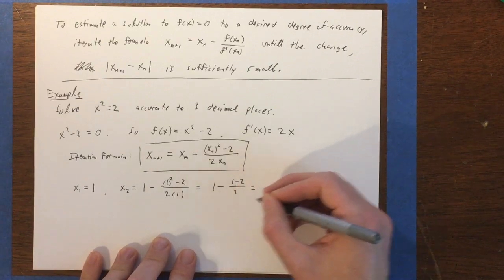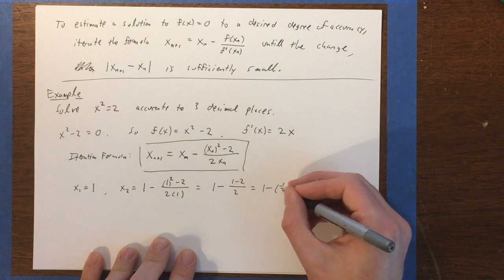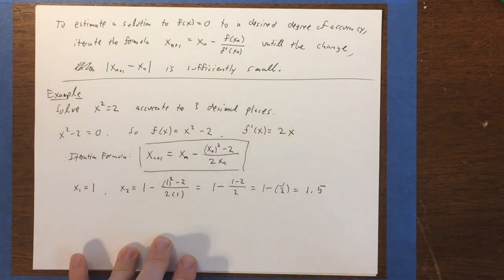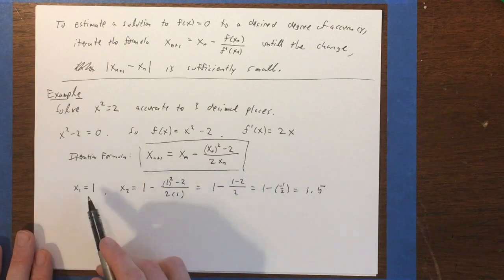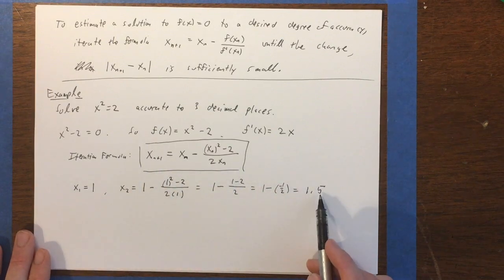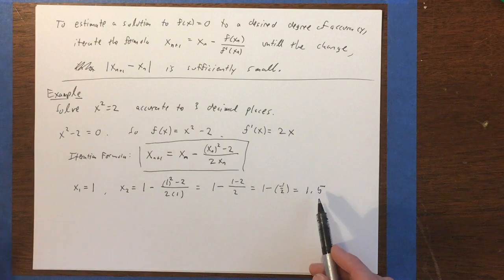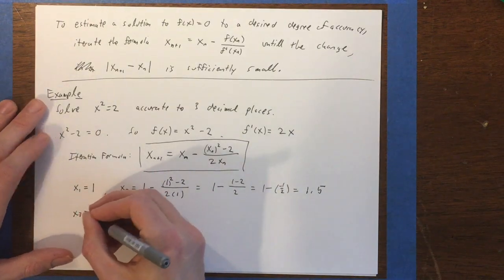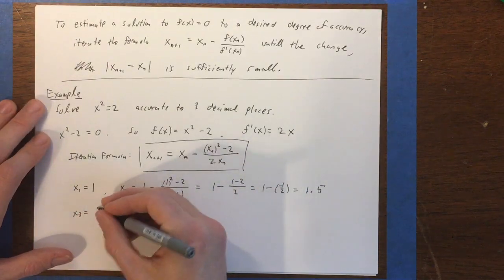So that's negative 1 over 2. 1 minus negative 1/2 should be 1.5, or 1 plus a half, 1.5. So my first guess is 1. My second guess, which should be more accurate, is 1.5. And yes, true, 1.5 is a little bit closer to the solution I'm looking for. But let's iterate it again. What you do for x3 is you would take 1.5 and plug it in this formula.